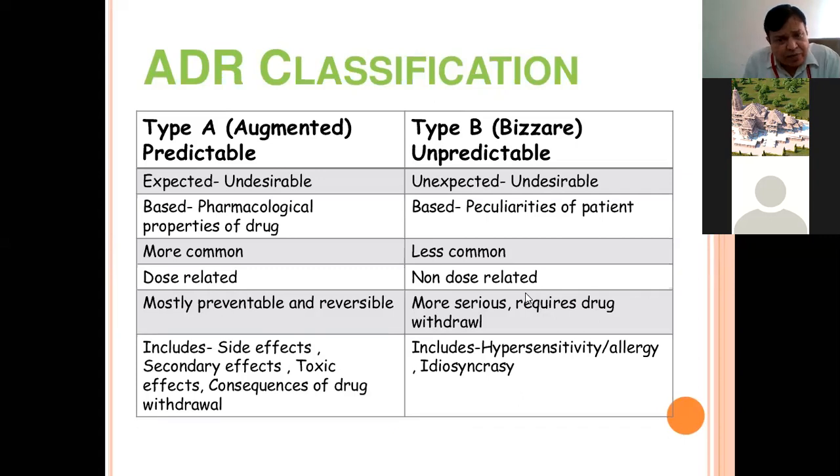When we get this type of symptoms, we have to withdraw that particular drug. It includes hypersensitivity. Earlier I told you about hypersensitivity, allergy, and idiosyncrasy. Idiosyncrasy is an excessive or extraordinary response against some drug or chemical. That also depends on the person, an undesirable, unpredictable response by the person.